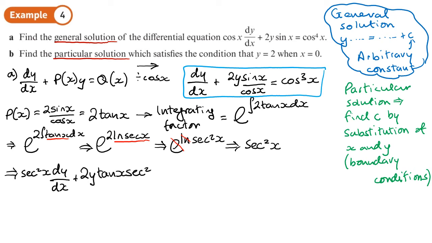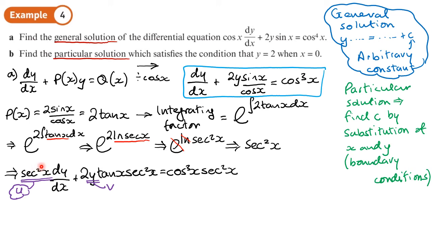Sec squared x equals cos cubed x sec squared x. Now remember, a little tip just to help you out, is that the thing next to dy dx is always going to be the u part, and then the y on its own is going to be the v part. It's always the case.